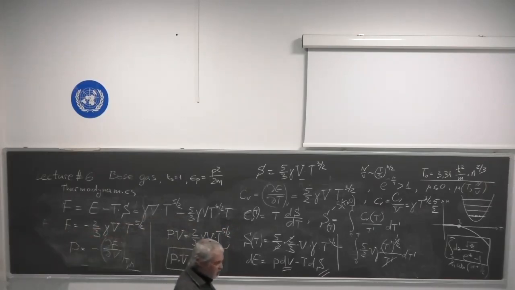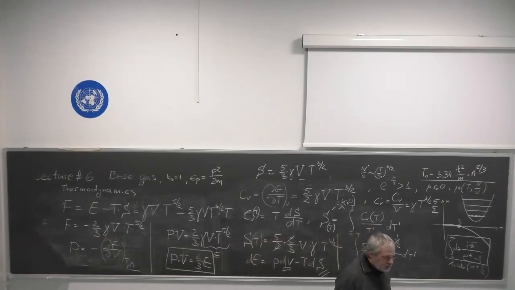This is the same equation which I obtained for the ideal non-interacting Fermi gas by computing the thermodynamic potential omega, which is just equal to minus pressure times volume. Here, I obtained it by calculating, in the meantime, the specific heat and entropy.